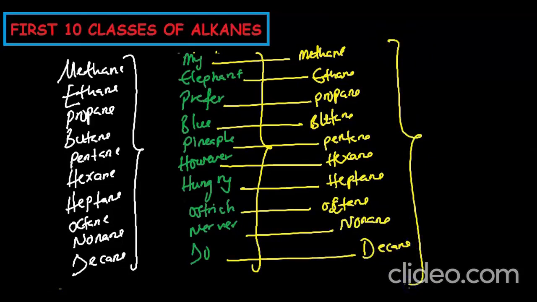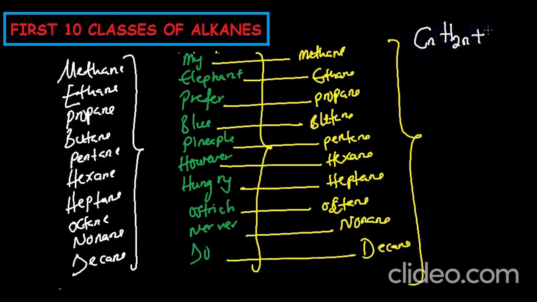So what is the general formula for alkanes, which are saturated hydrocarbons? The general formula is CnH2n+2.